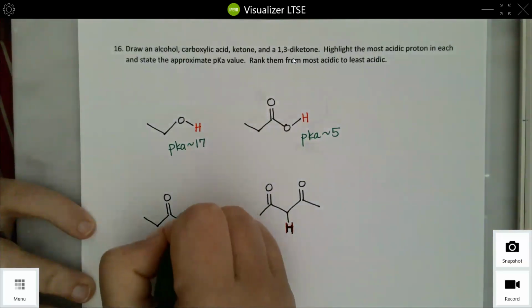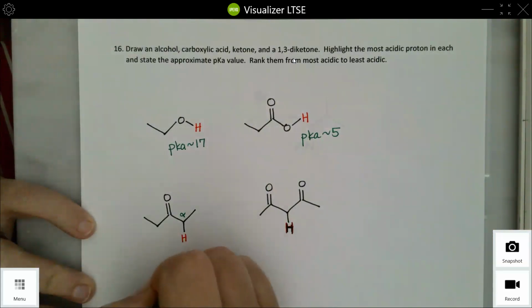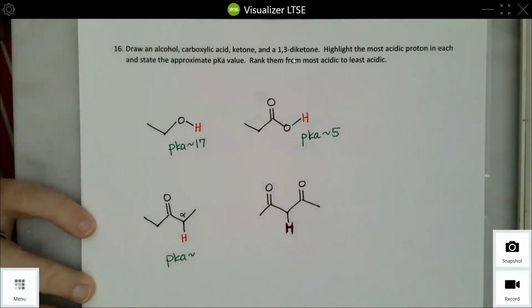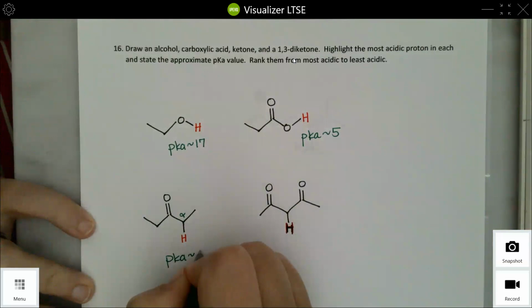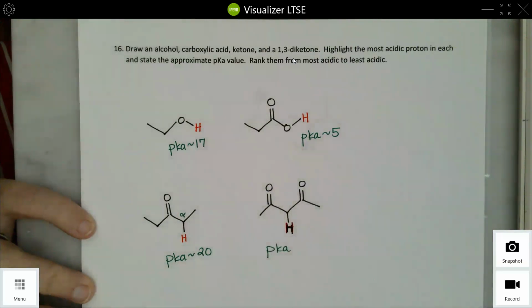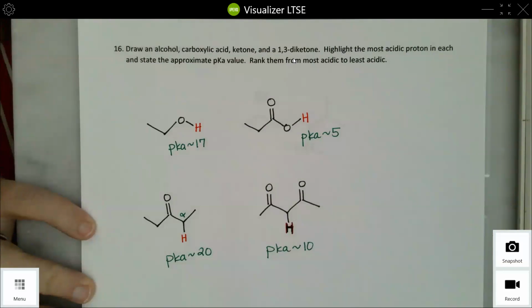The alpha position to just 1 carbonyl, we'll say the pKa is approximately sort of 19 to 20. We'll just go with, like, doesn't really matter which one you think here. Let's go with 20. And the pKa in between 2 carbonyls, approximately 10.